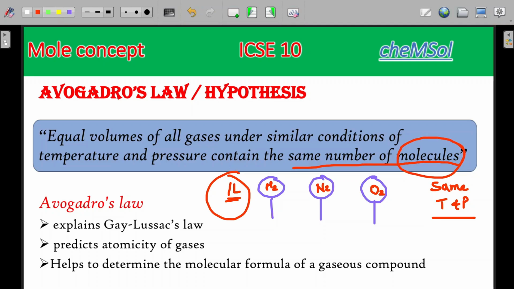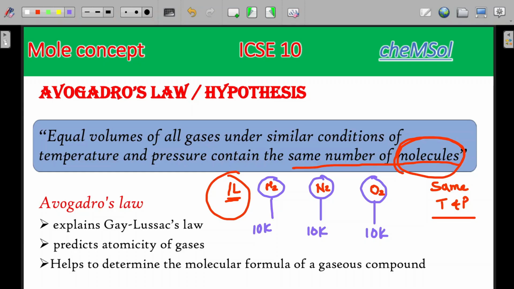Remember, molecules, not atoms. Say in 1 liter of hydrogen, I have 10,000, 10k of hydrogen molecules. Then in 1 liter of nitrogen also I will have 10k. In 1 liter of oxygen also I will have 10k of respective molecules.